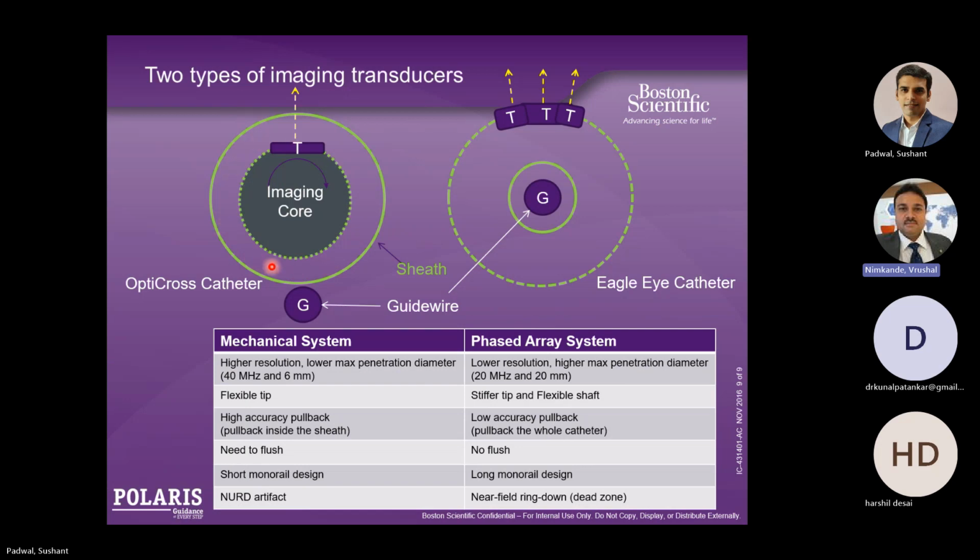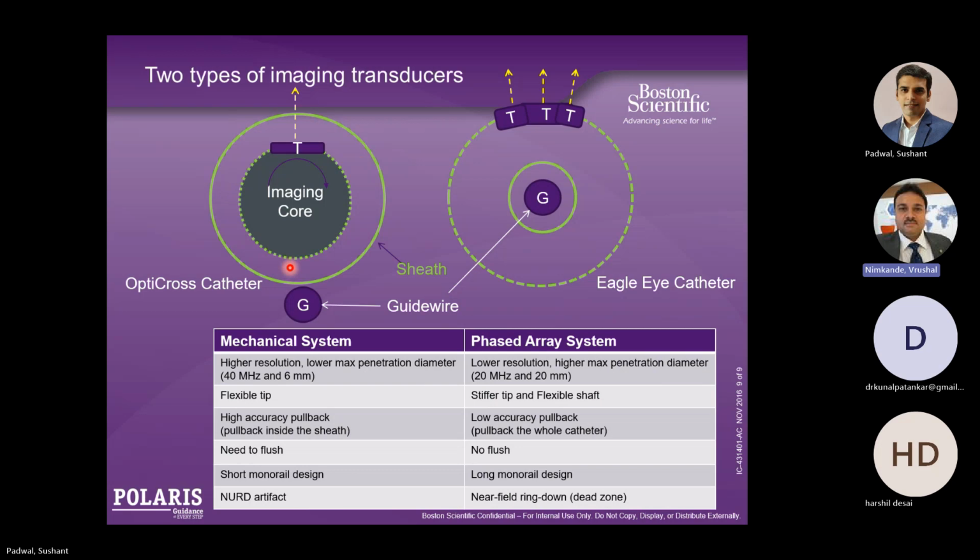If the medium has any bubble entrapment, then you won't get a better image. Whenever you get a dark image, that is because of bubble entrapment between the imaging core and the sheath. This flush also acts as a lubricant, so it keeps lubricating the surface and minimizes the friction between the rotating imaging core and the sheath.